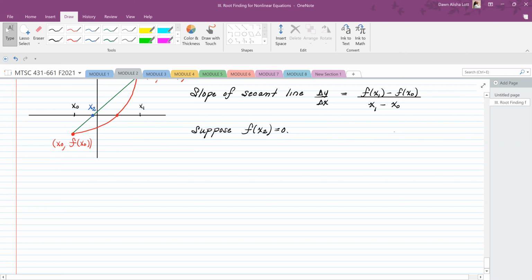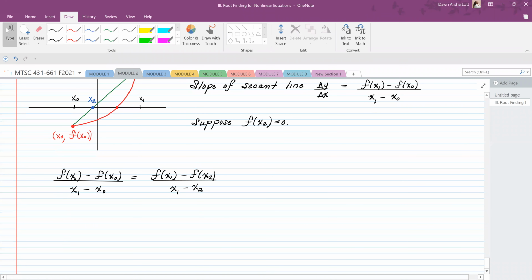Therefore, f of x1 minus f of x naught divided by x1 minus x naught is f of x1 minus f of x2 divided by x1 minus x2, because the slope of the line is the slope of the line.